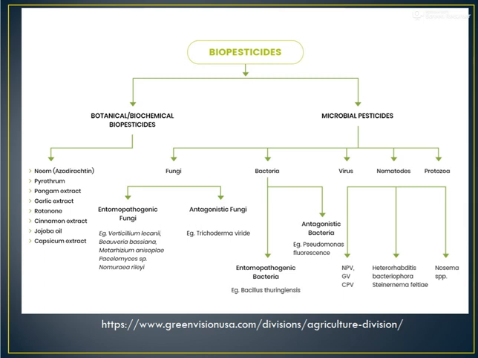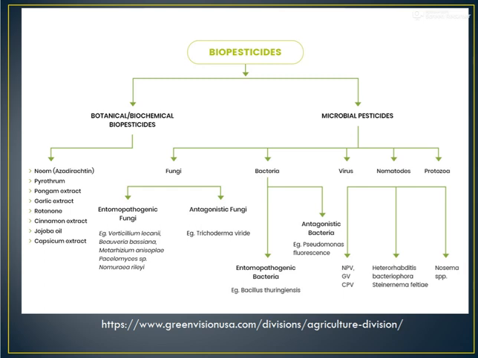If you consider the term biopesticide, you can consider two different categories: botanical or biochemical biopesticides, or the microbial biopesticides. The botanical or biochemical biopesticides mainly include plants as well as plant-derived products.